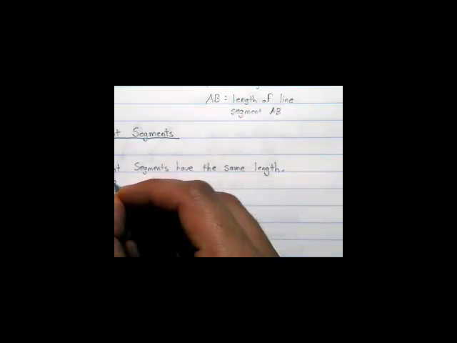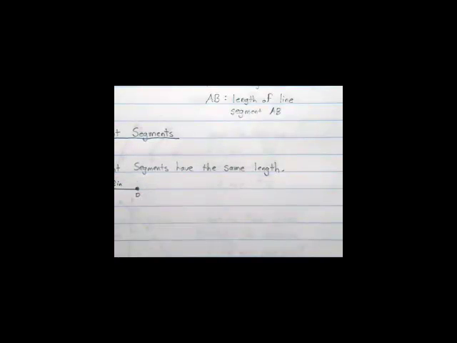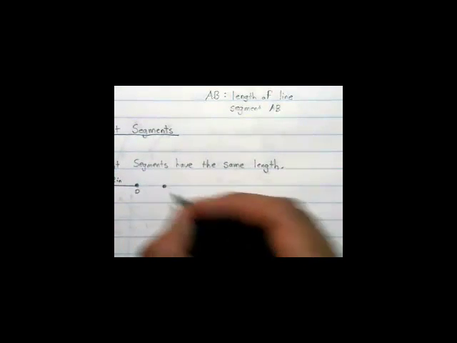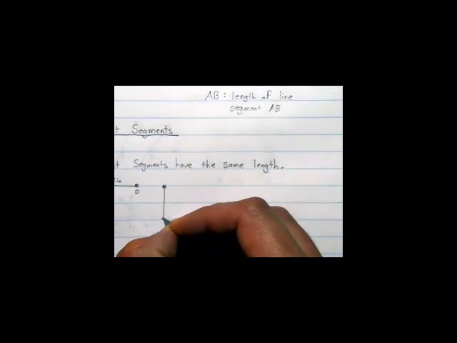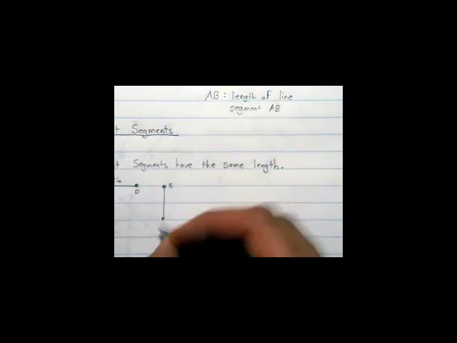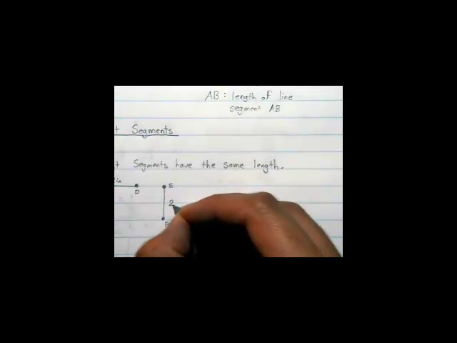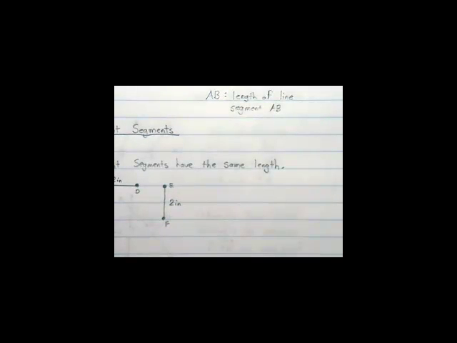Let's say CD, I've measured it, it's 2 inches long. And I've got some other segment over here, EF, I've measured it, it's 2 inches long. So I know that the line segment CD and the line segment EF are congruent line segments, right? They're the same length, they're congruent.